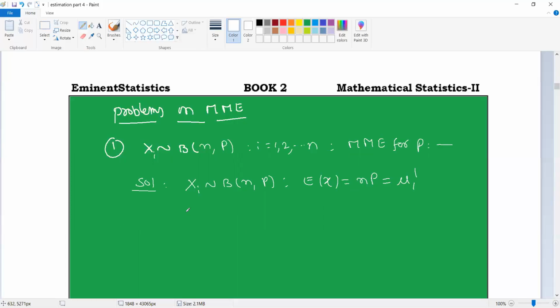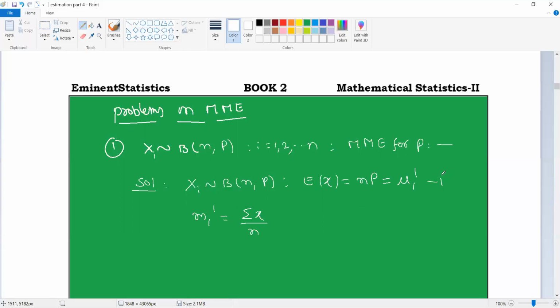First of all, you have to calculate the first non-central moment of this random variable. If you know the properties of the given distribution, you can directly write the first population moment, and immediately take the first sample moment, that is m1 dash equal to summation x by n. Here r is equal to 1.